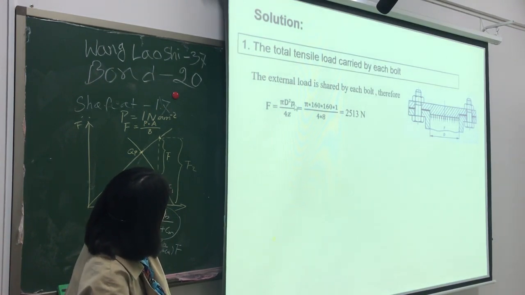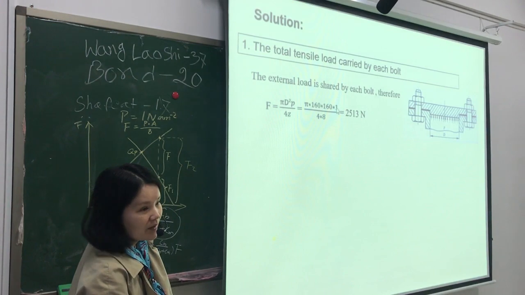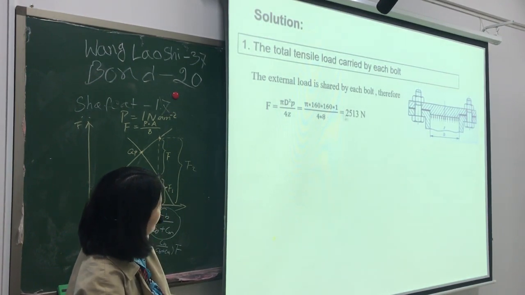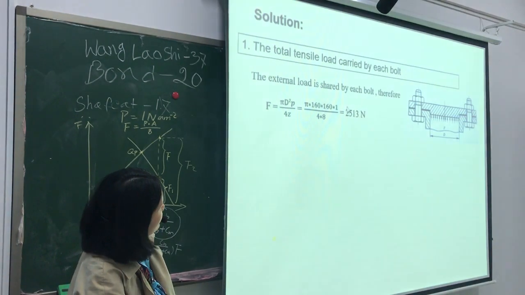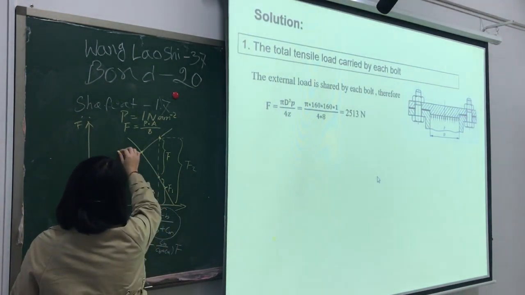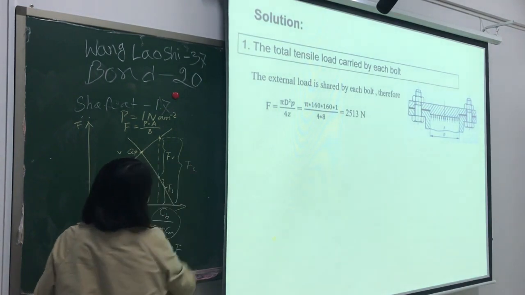This is P, P is 1. This is the area, and this is the number of bolts. Calculate F with this. And we load this and this.